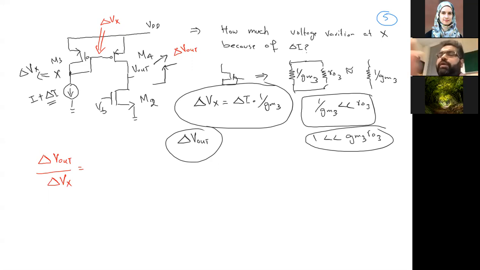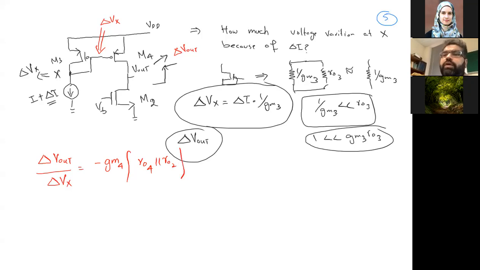We can divide that circuit and see what delta V out by delta Vx will be. Again, keeping these M4 and M2 terminologies, it's a simple common source, and we have a load of M2, which is going to be RO2. So, doing the simple math, it will be minus GM4, since it's an inverting amplifier, times RO4 in parallel with RO2.